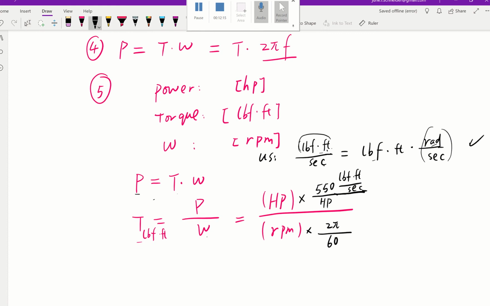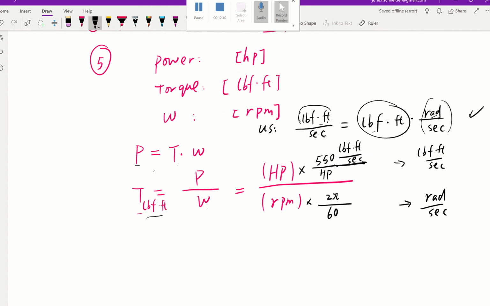So knowing that, this will give us pound-foot per second for our power unit. And for omega, we get radians per second. That's very nice also. Then our torque will have to be pound-foot. So that will make our dimensions work. Now, I'm going to write the horsepower in red, RPM in red.